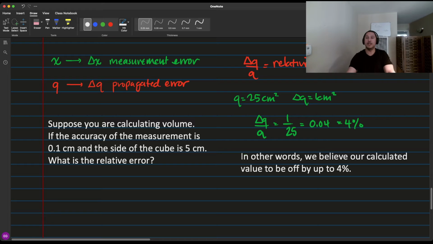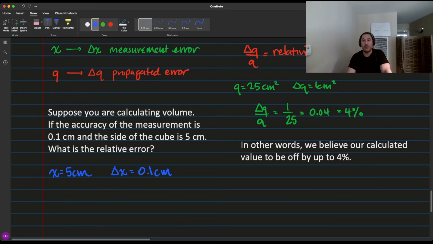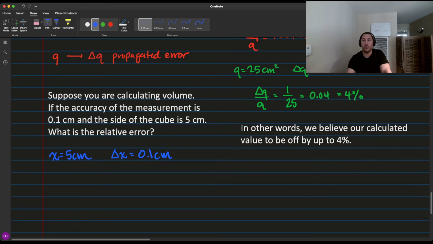So reading this, I measured x to be 5 centimeters. I was told that the accuracy of the measurement, delta x, was 0.1 centimeters. And now we're wondering about relative error for volume.